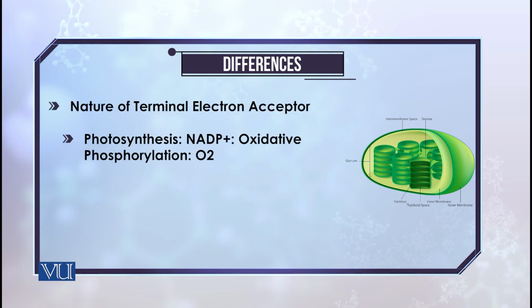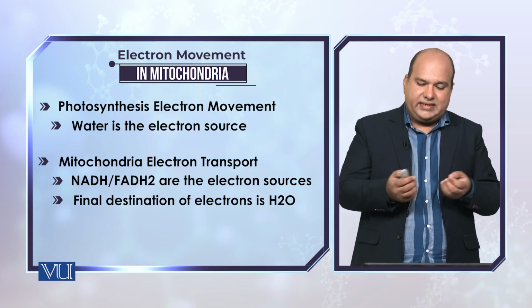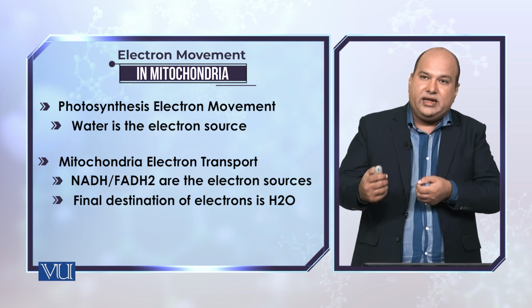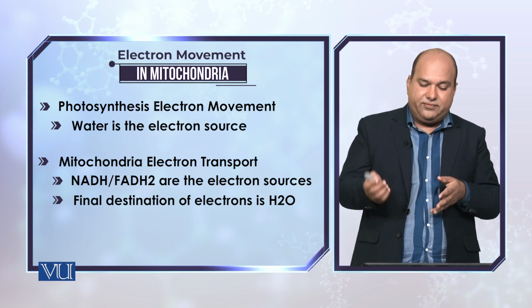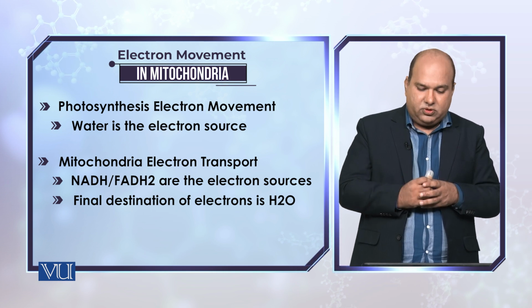Yes, the terminal acceptor of the electron in the case of photosynthesis is NADP, which eventually gives you NADPH, which will be used in the Calvin cycle. While in oxidative phosphorylation, the terminal acceptor of the electron is oxygen, which will be converted into water. So again, water, as I have already told you, is the electron source in photosynthesis, and the final destination of the electron is NADP and NADPH.